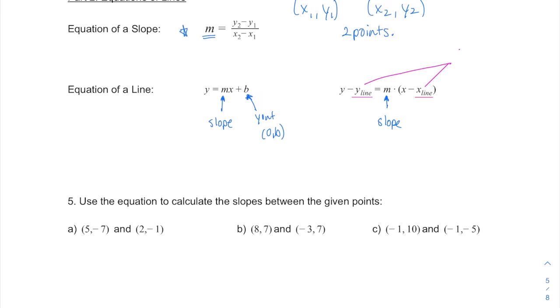What we're saying is that (x-line, y-line) is a coordinate, and it's a coordinate of any point on the line. All right, so this has slope and the y-intercept. This equation has slope and a coordinate, any coordinate on the line, and that information can be used to calculate the equation. So let's practice.